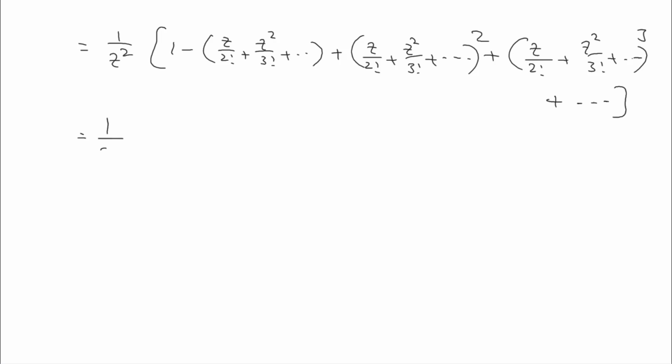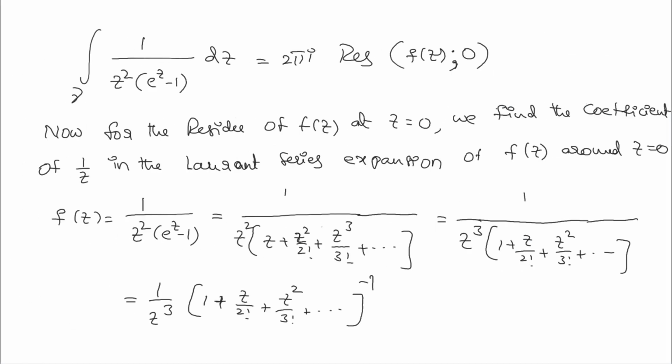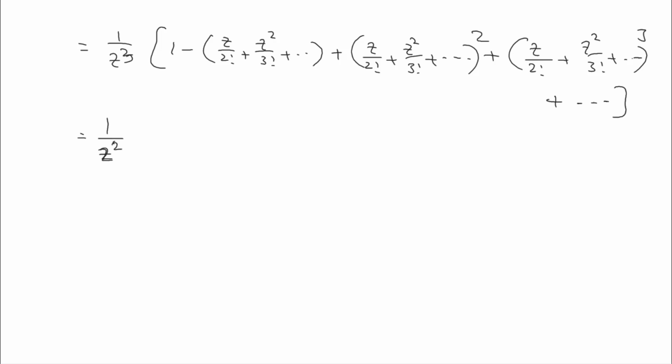So now to just look at the coefficient, is it only z cube? Yes. So to look at the coefficient of the term 1 divided by z, since we already have 1 divided by z cube outside, it is enough to look at the coefficient of the term z square inside this bracket.